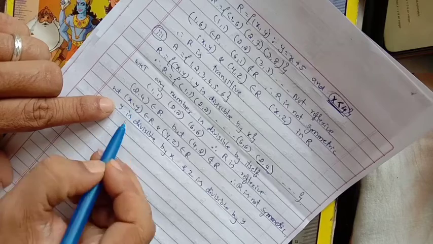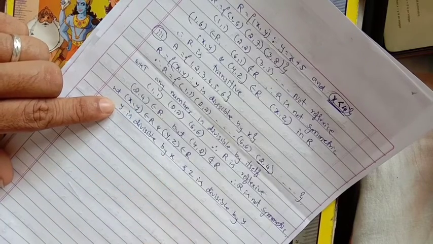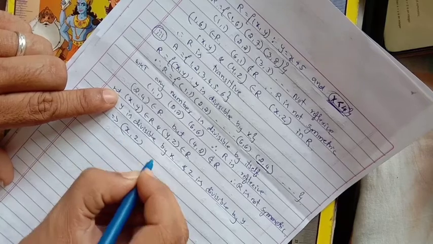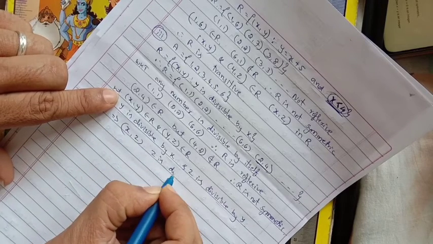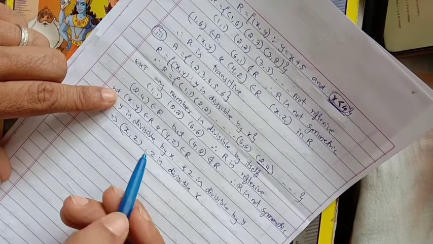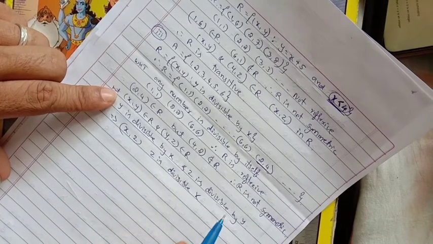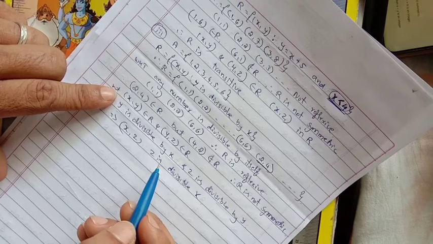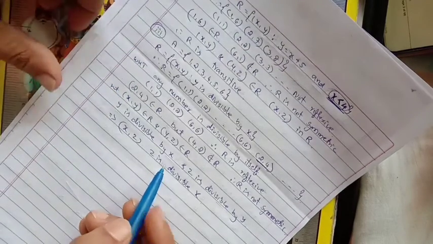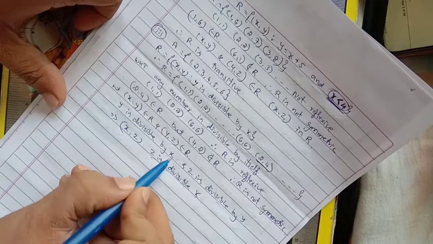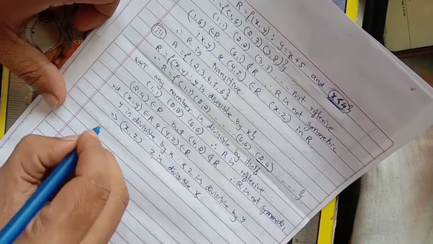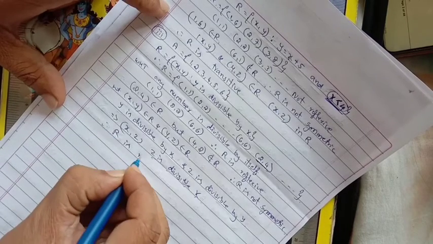So y is divisible by x and z is divisible by y, so anyhow we can say for (x,z), z is divisible by x. Yes or no? So if both the terms are divisible like this, what can we say? Is R transitive or not? Z is divisible by y and y is divisible by x, so z is divisible by x. Therefore, R is transitive.